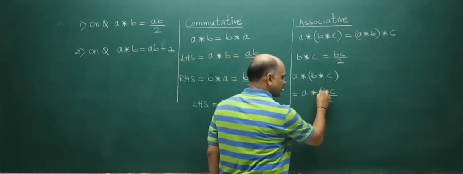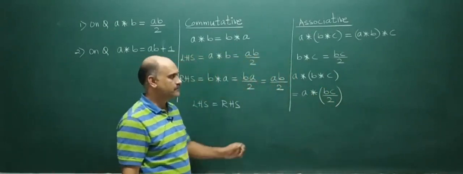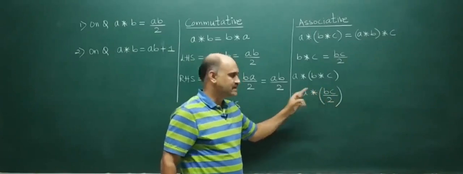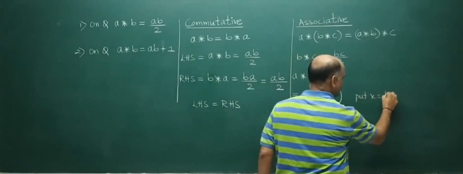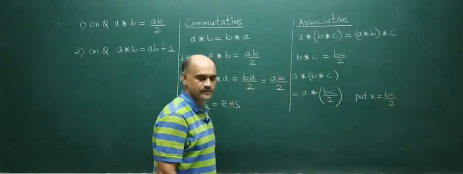Now here most of the students make mistakes. So to make it easy, I will substitute this as x. So I will put x is equal to BC by 2.